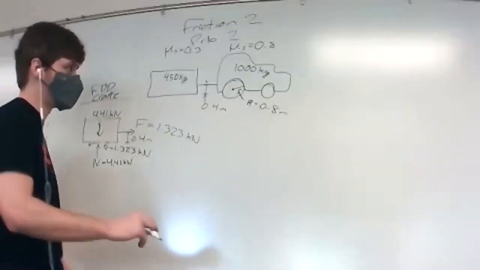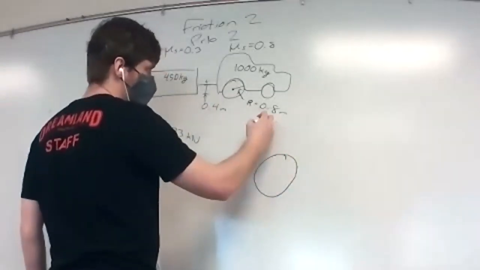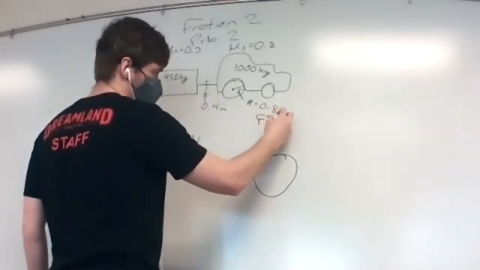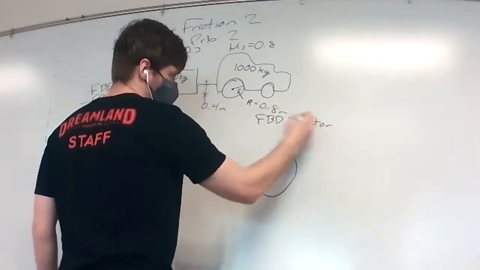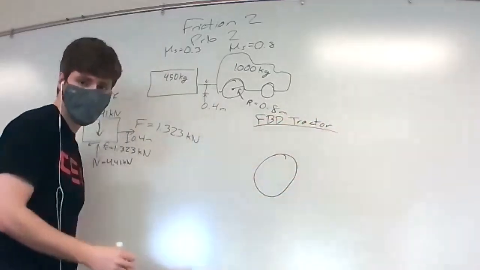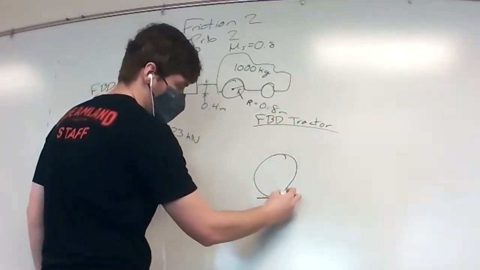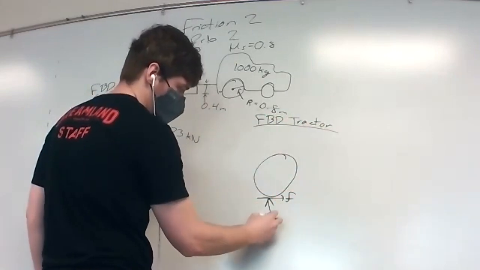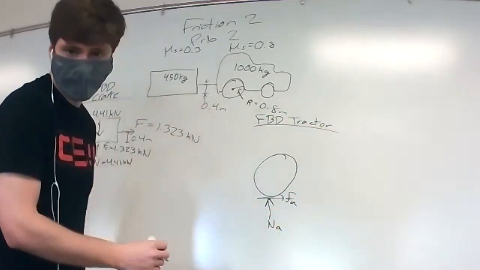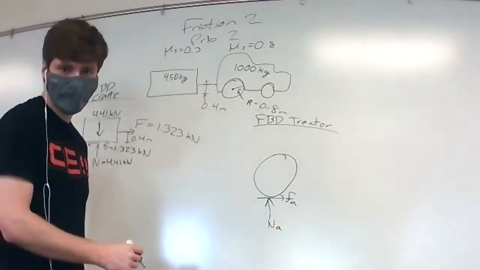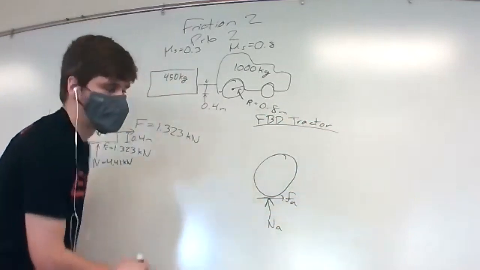So the tractor is going to have its own free body diagram here at the wheel, where we have an F, an N, which I'm going to call FA and NA.